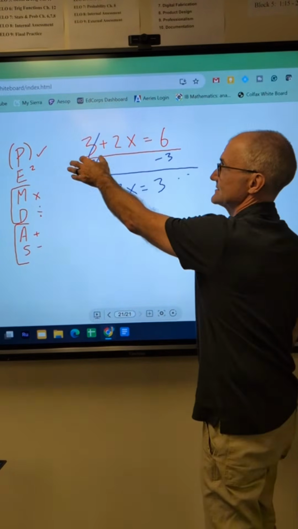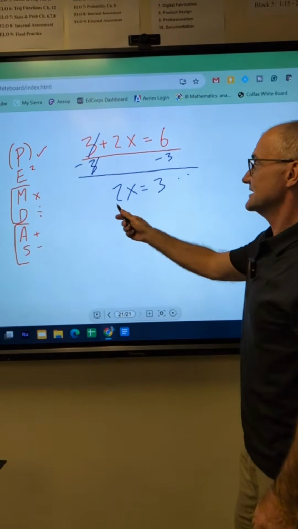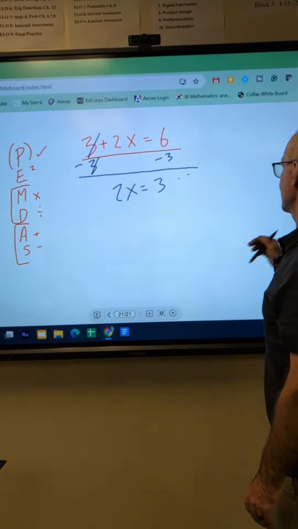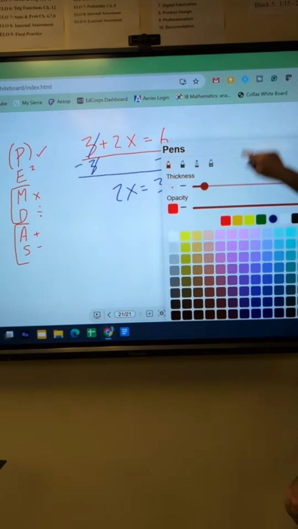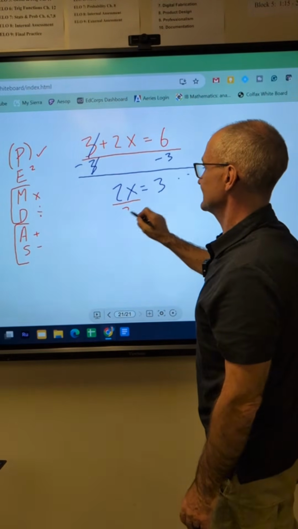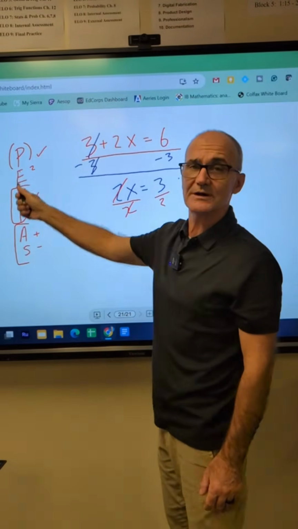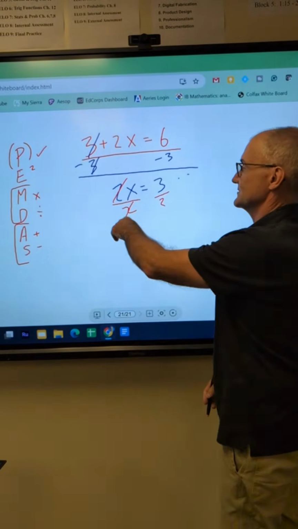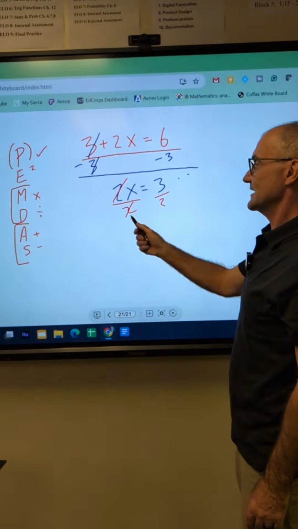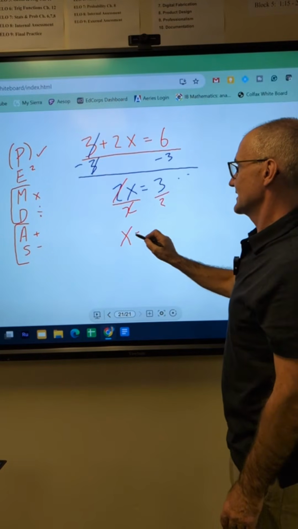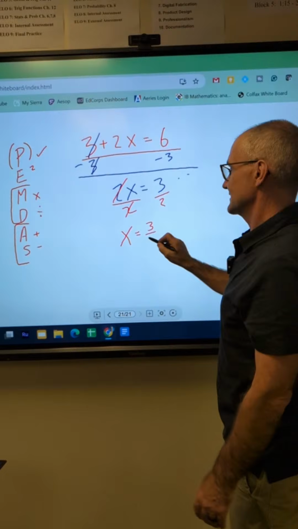So I did my addition subtraction first. This is being multiplied. I reverse it by dividing, right? Because I'm going backwards through my order of operations now. I reverse it by dividing. Those cancel. That gives me x by itself. X is equal to 3/2. That's a great answer.